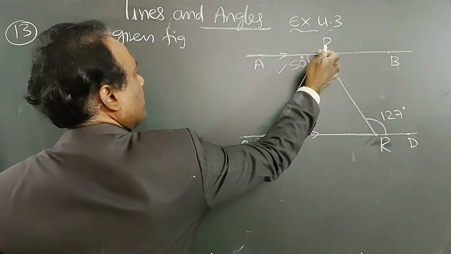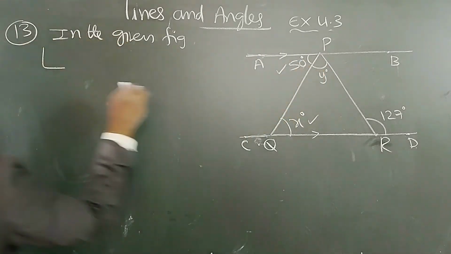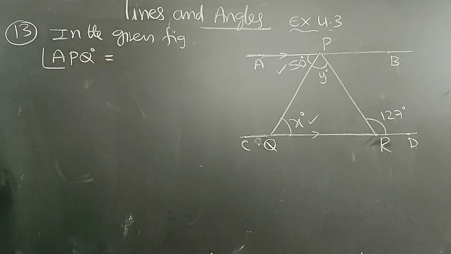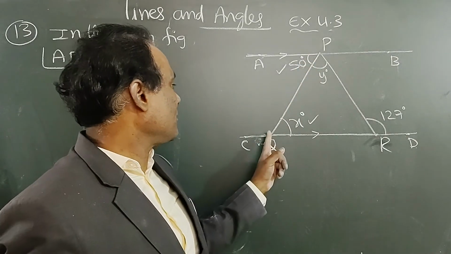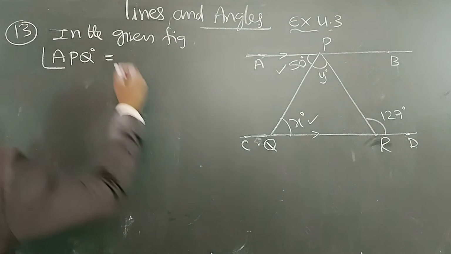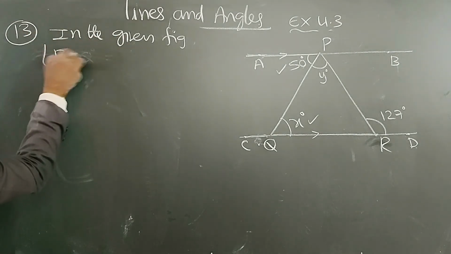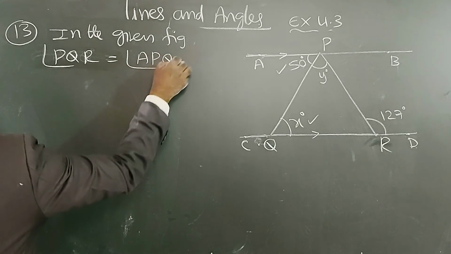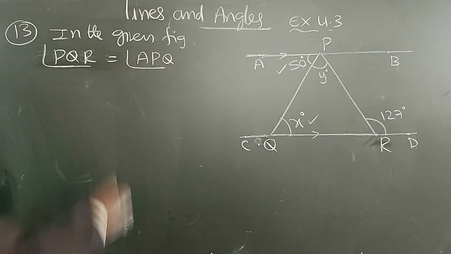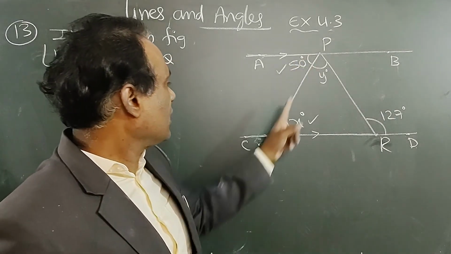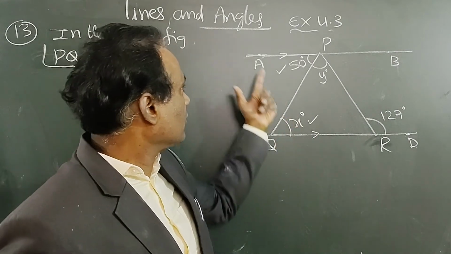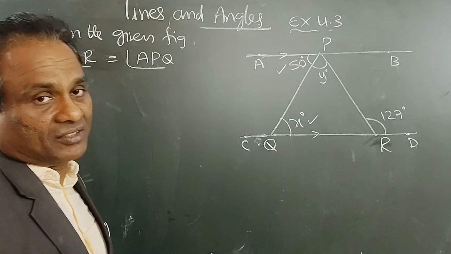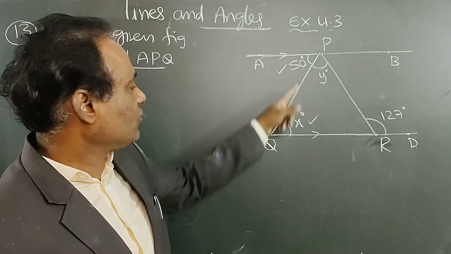Angle APQ, this angle, and PQR, this angle. PQR is equal to APQ. Why are these two equal?